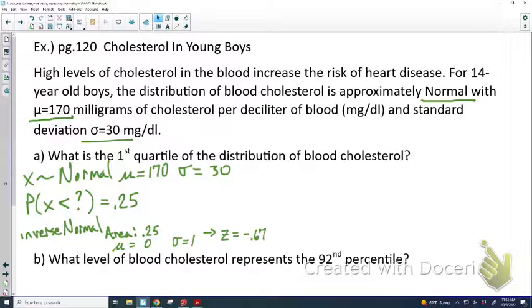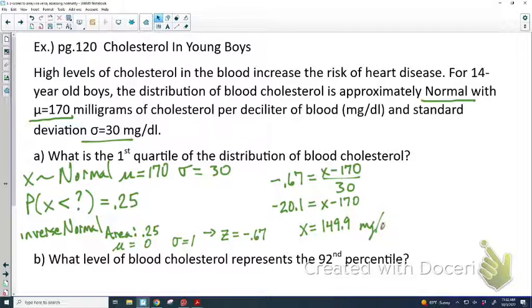So when we write it down, we're going to go negative 0.67 equals x minus 170 over 30. We'll multiply both sides by 30, and we get negative 20.1. And when I add 170 to both sides, I end up getting a cholesterol level of 149.9 milligrams per deciliter.